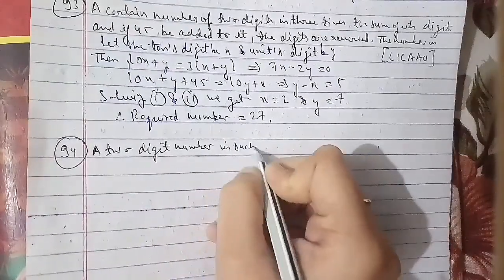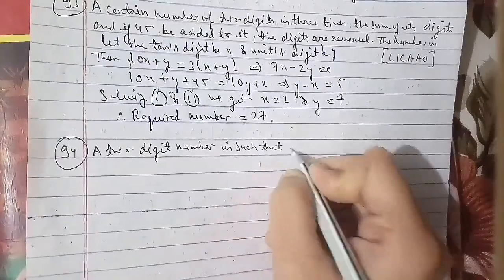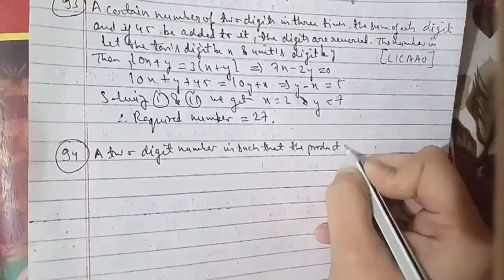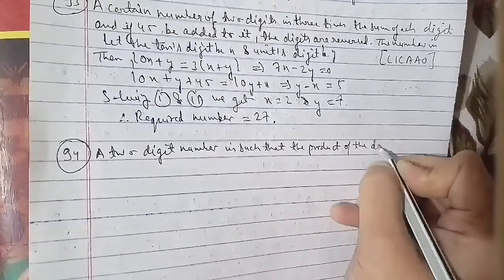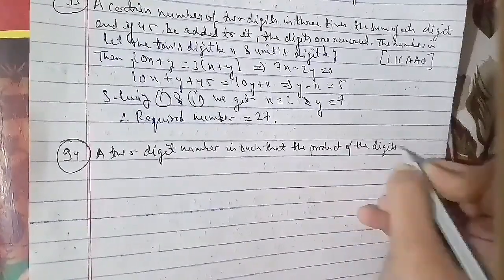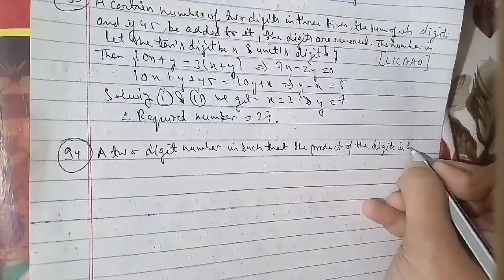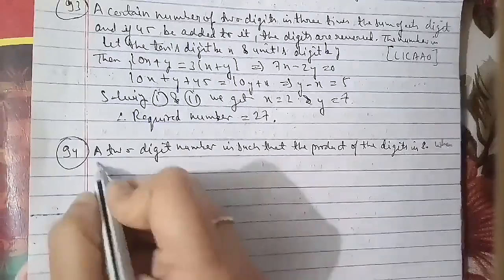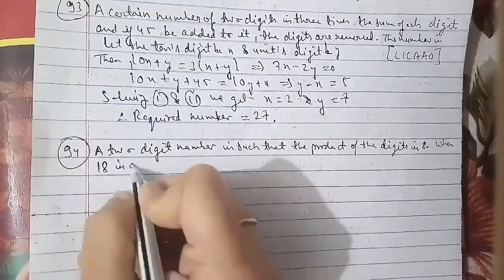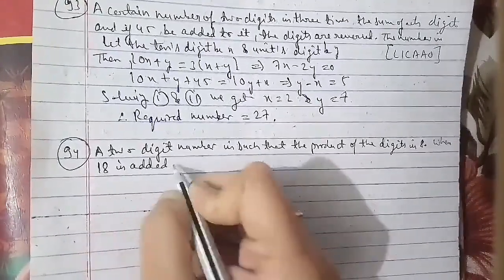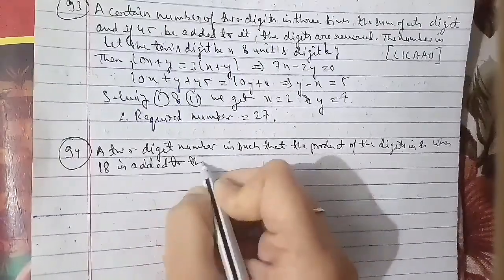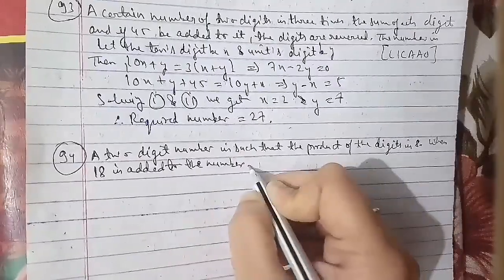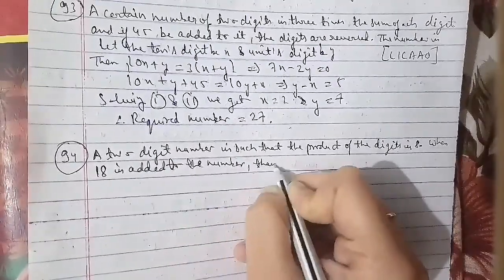Let the tens and unit digit be x and 8 upon x respectively. Then 10x plus 8 upon x plus 18 equals 10 into 8 upon x plus x.